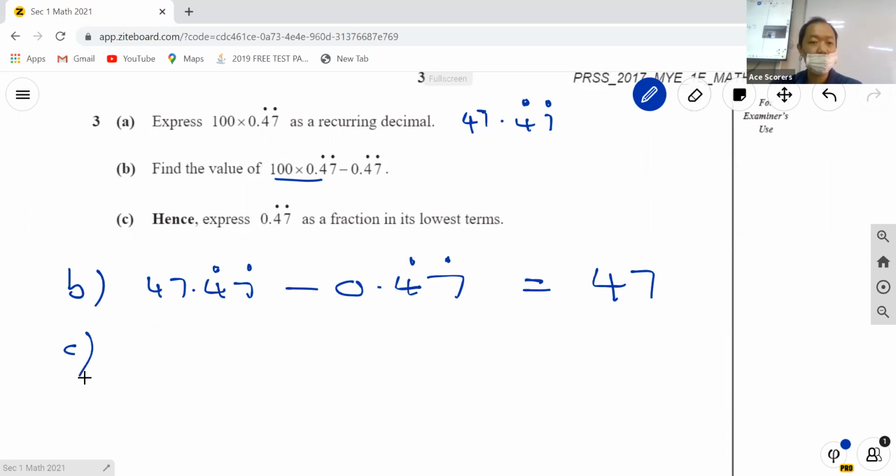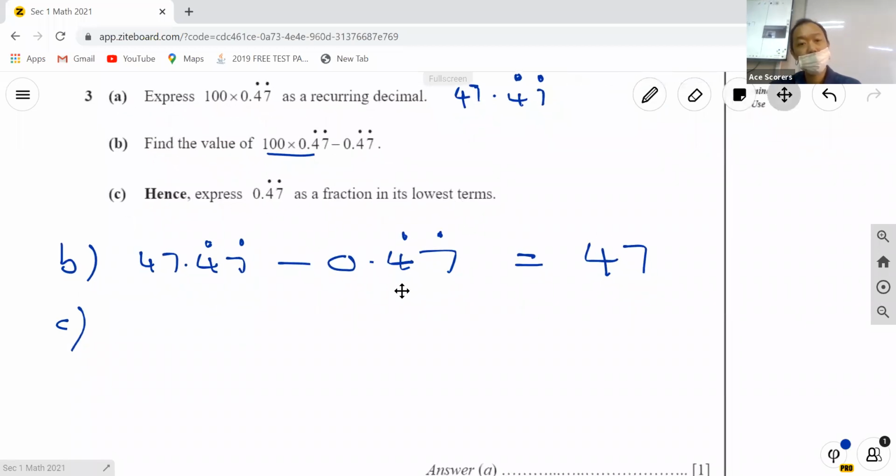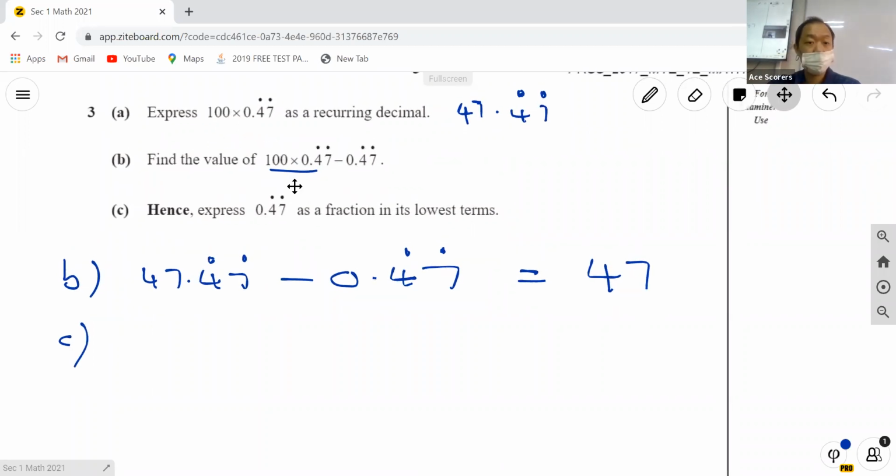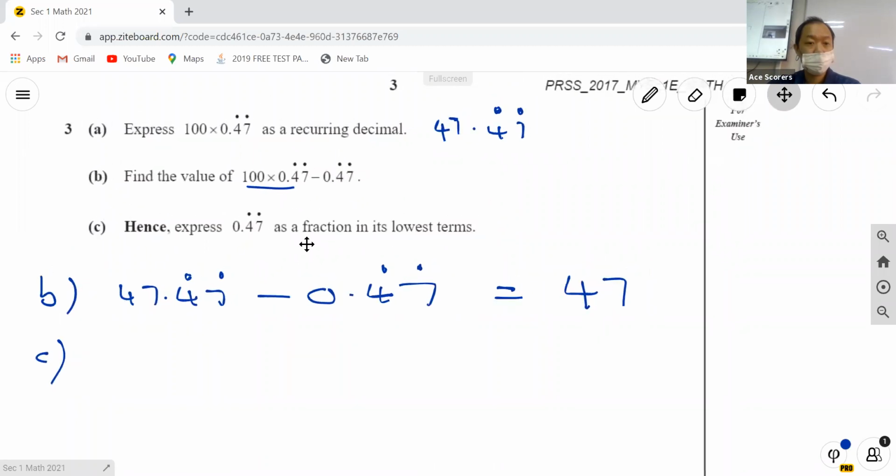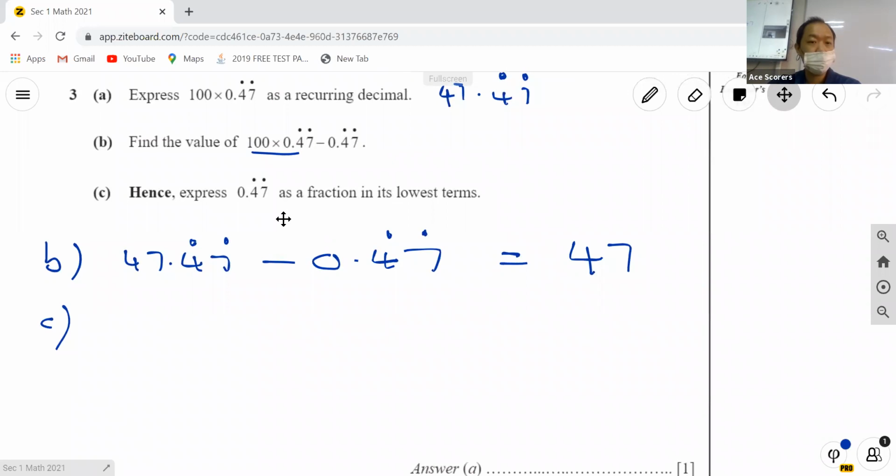Next one, C, Samuel. Hence, express this. What do you get? Oh, I don't know. Okay. So hence, express 0.47 recurring as a fraction in the simplest lowest terms. So let me see further. Times 100. Okay, wait, let me see. 100 times 0.47.